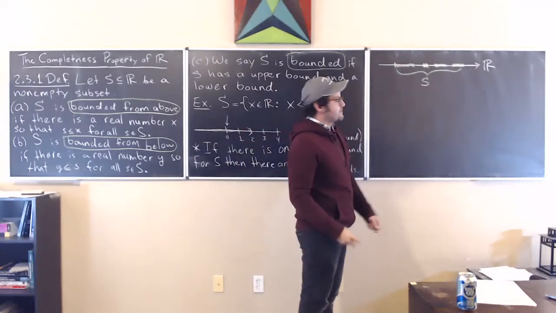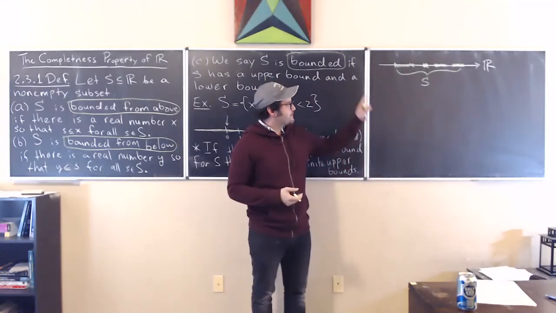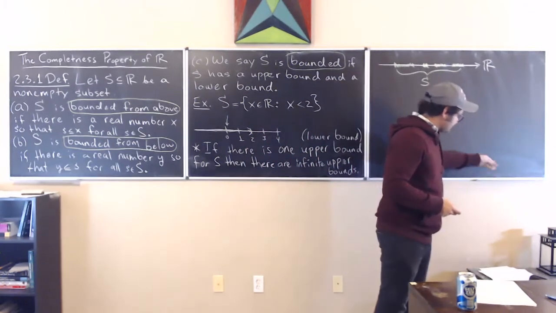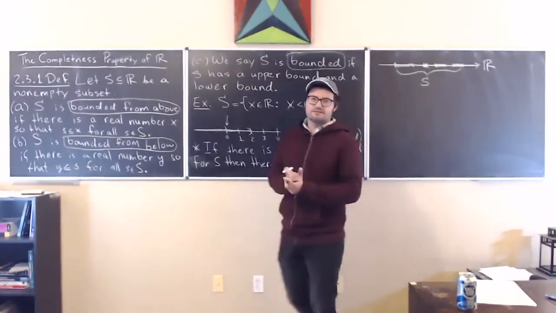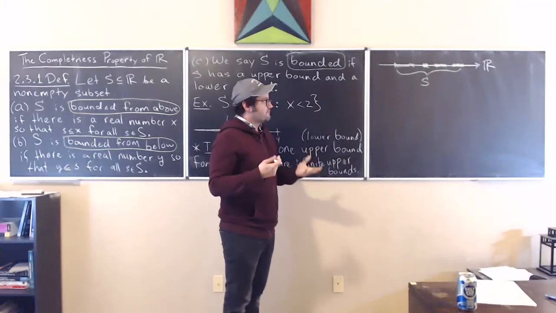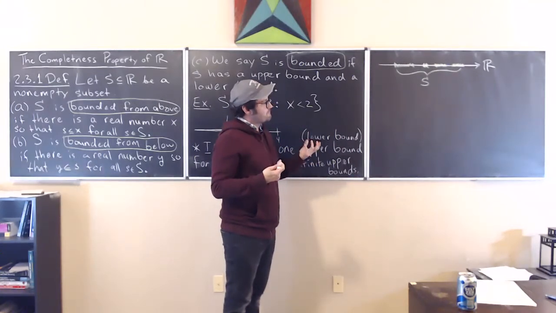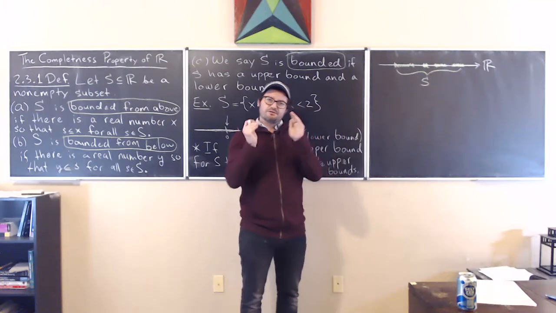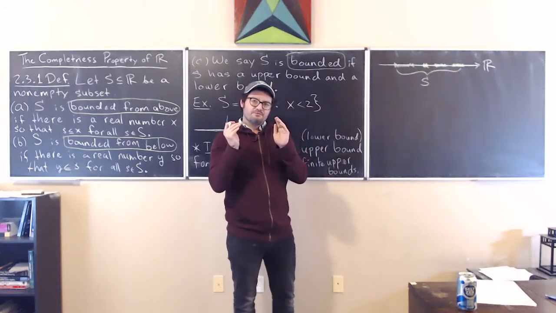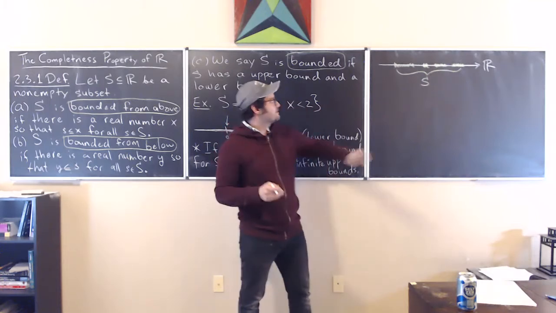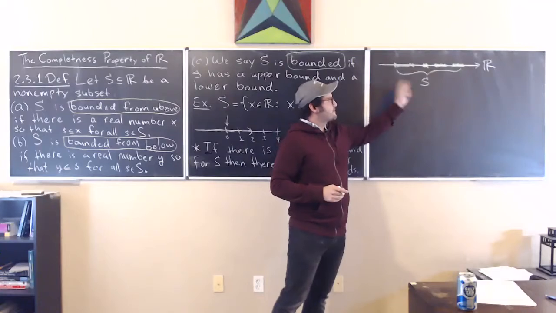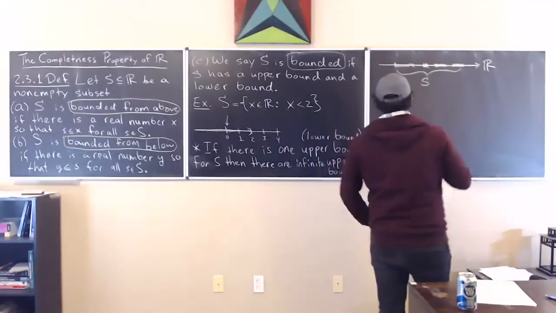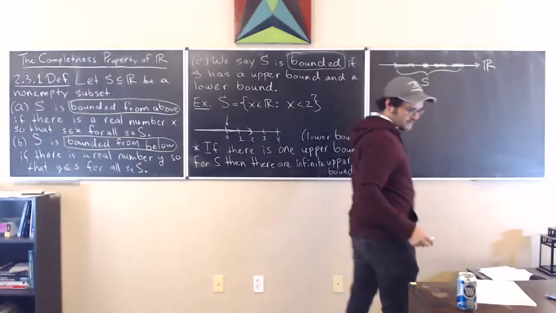So now this set here, this is bounded from above and below, so we would say that set is bounded, okay? Now, when considering bounded sets, we're going to want to somehow consider the boundaries of that set, right? The numbers that are as close we can get to S from below and from above. And that leads me to the following definition.